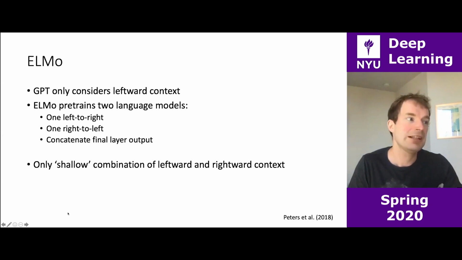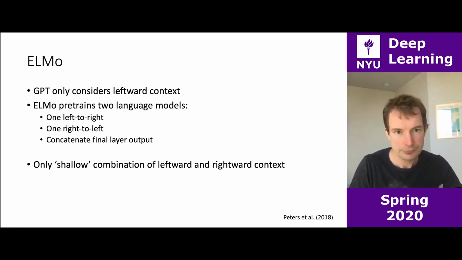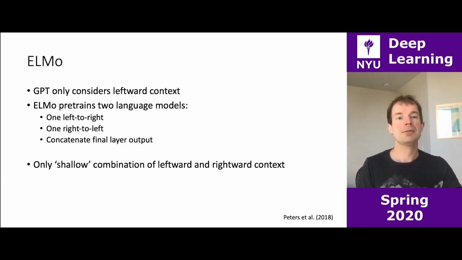There's one obvious fix to that, which is the approach taken by ELMo. Rather than training one left to right language model, ELMo also trained a second language model, which operates in the reverse direction. It starts at the last word in the document, and it keeps trying to predict the previous ones.